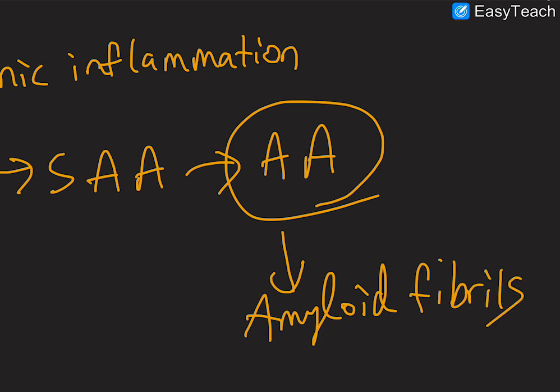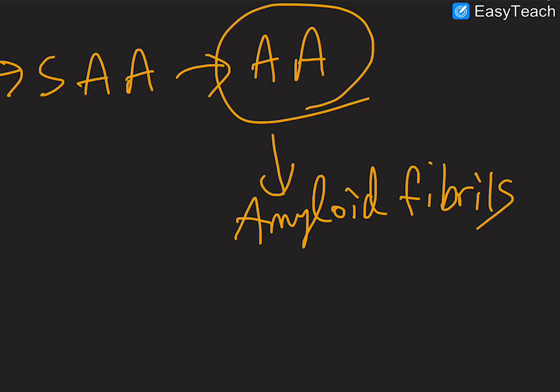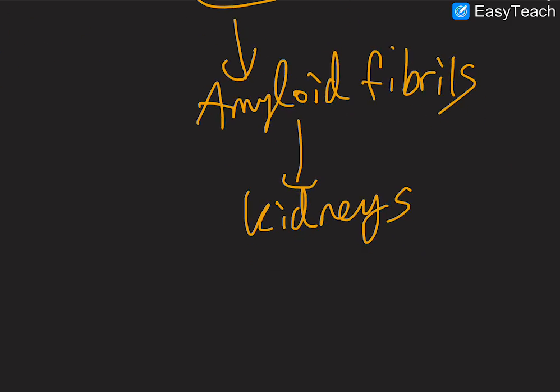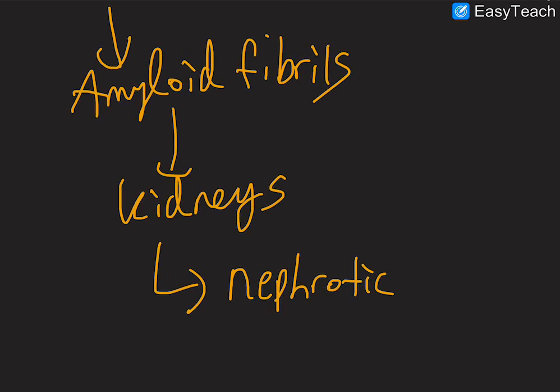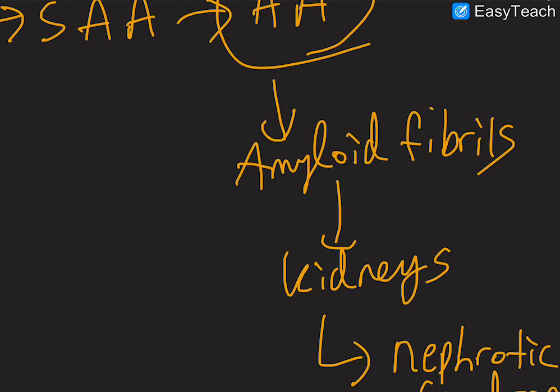The most common place being, as we know, your kidneys, which can lead to amyloid nephropathy and cause nephrotic syndrome, which we will cover when we talk about nephrotic and nephritic syndromes in our renal playlist. So you're going to have that proteinuria greater than 3.5 grams a day, and so on. Obviously this is not good for your kidneys.